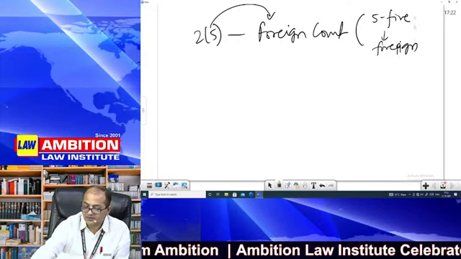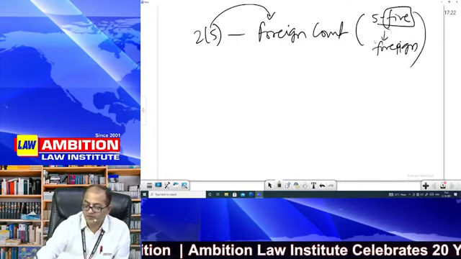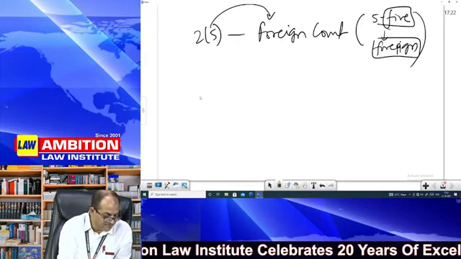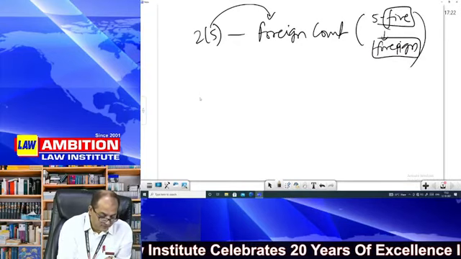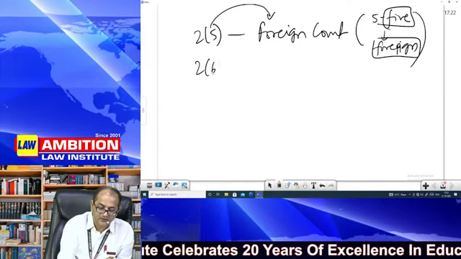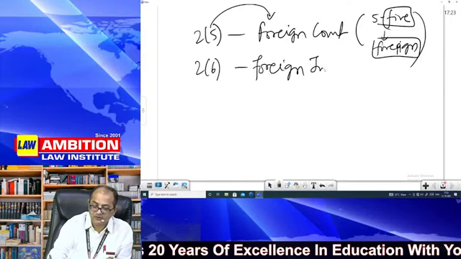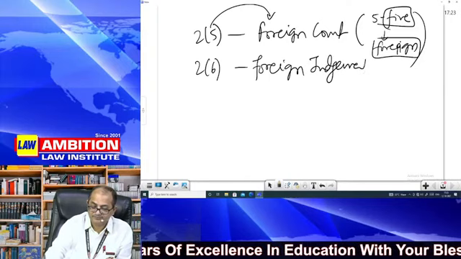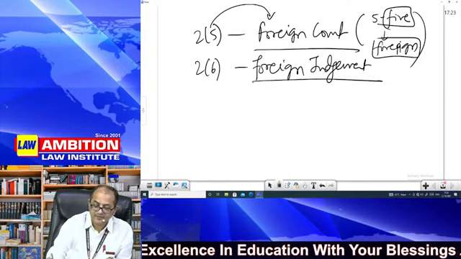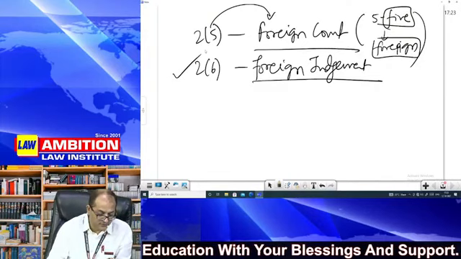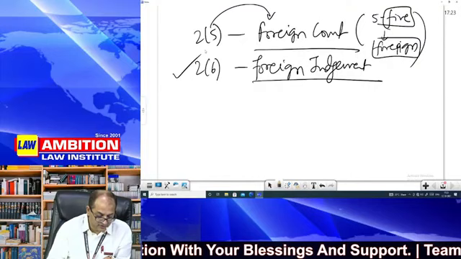In both cases it is F. F for 5, F for foreign. Is this clear? F for 5, F for foreign. And thereafter foreign judgment. Foreign court and foreign judgment. Foreign judgment, you read that in 13 and 14 also.